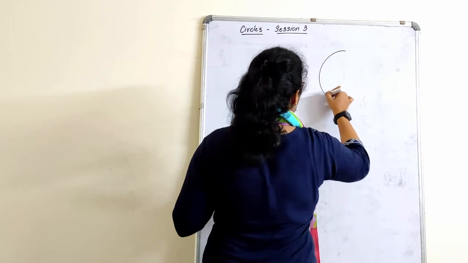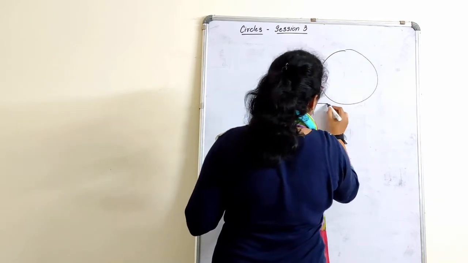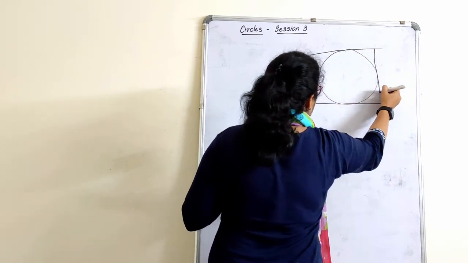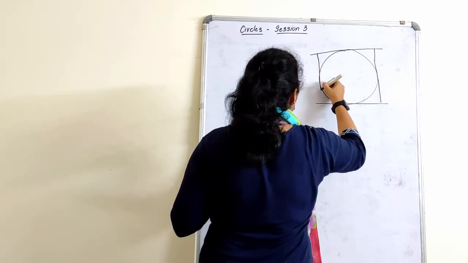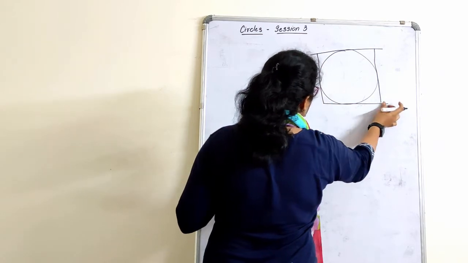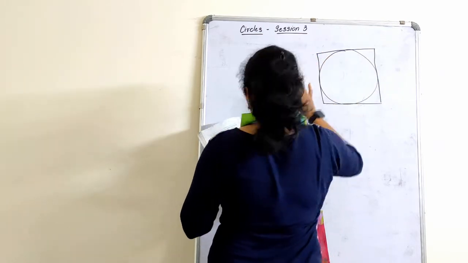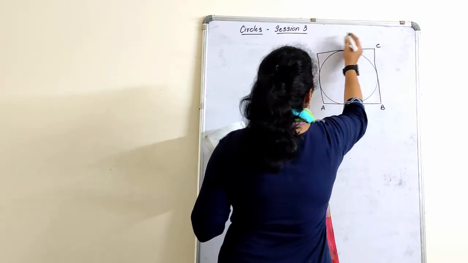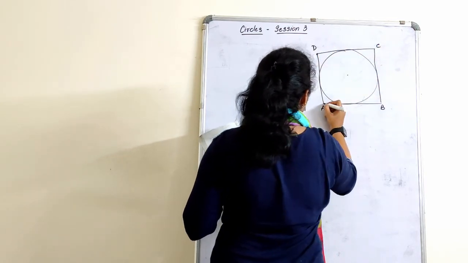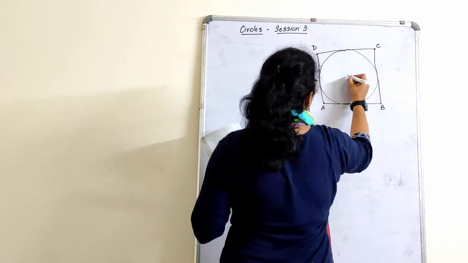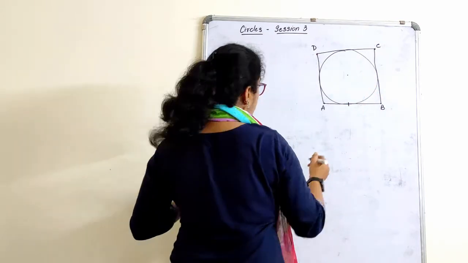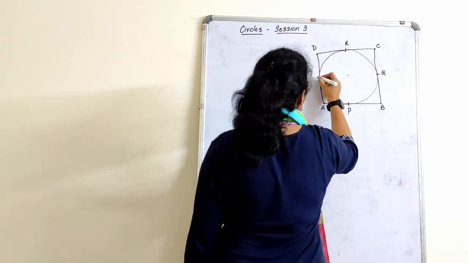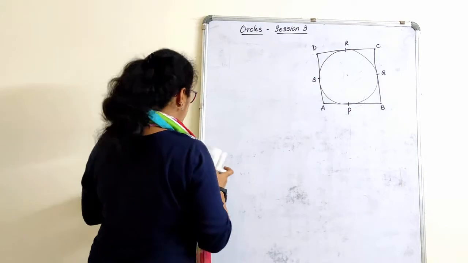So as it is, first we'll draw a circle. To that we will adjust a parallelogram, whatever it is. ABCD is a parallelogram and the points P, Q, R, S. Okay.